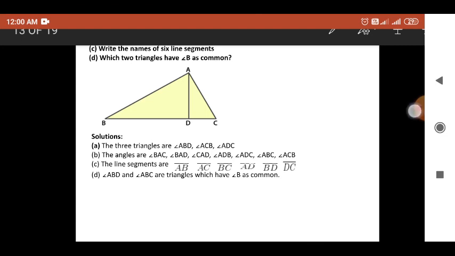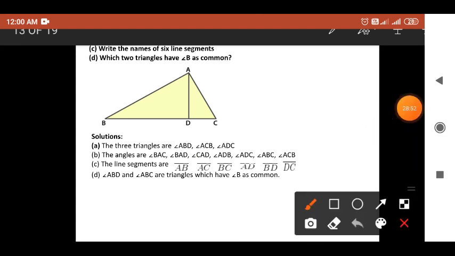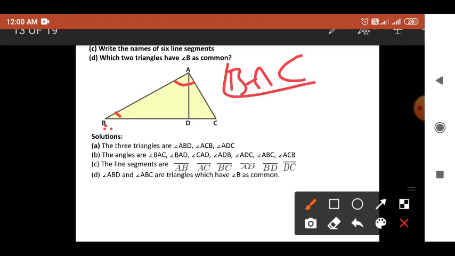Which are the 6 angles here? Now you have to write. BAC is one angle, and BAD is another angle.